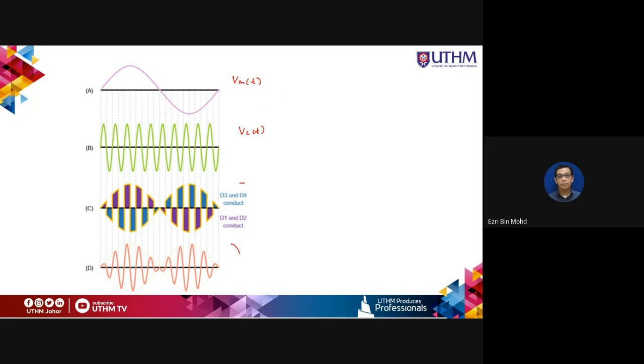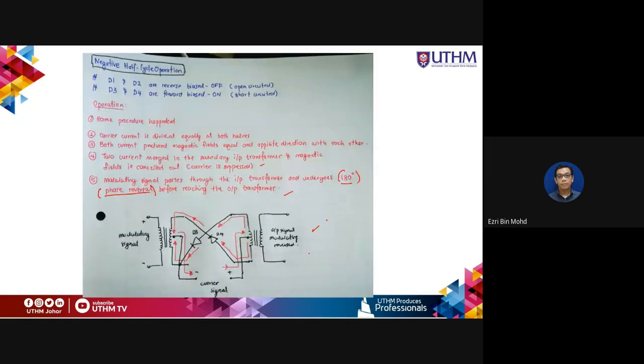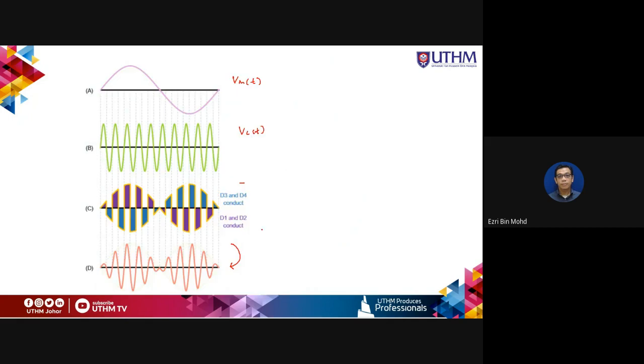At the end, the output of the balance modulator will produce a VEMT without a carrier. No carrier here.